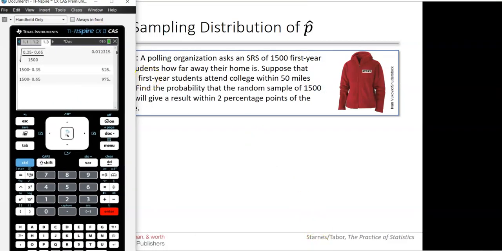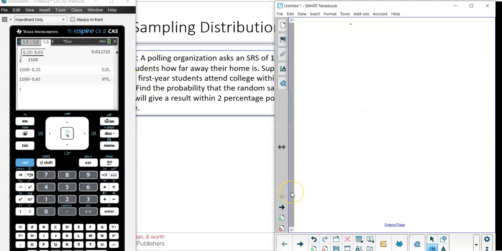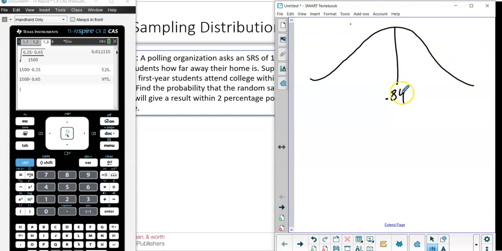So let's try to draw this. I think it helps to kind of draw this out. So the mean is 0.84. We're going to add 0.012.